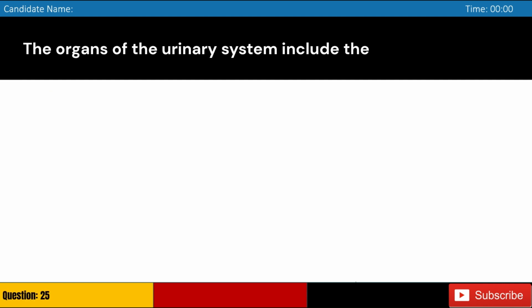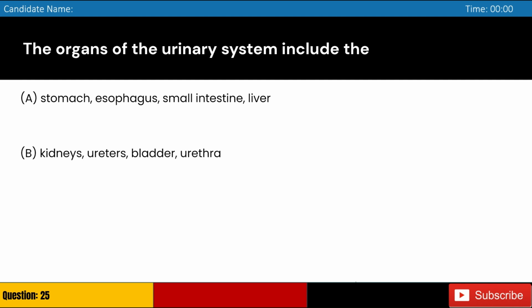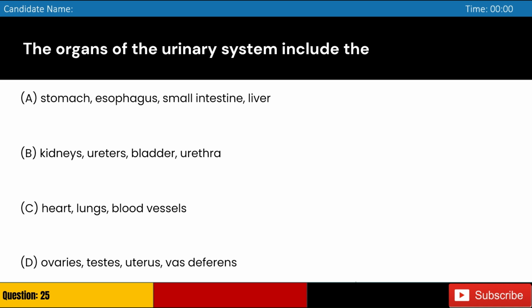The organs of the urinary system include the A. Stomach, esophagus, small intestine, liver. B. Kidneys, ureters, bladder, urethra. C. Heart, lungs, blood vessels. D. Ovaries, testes, uterus, vas deferens.